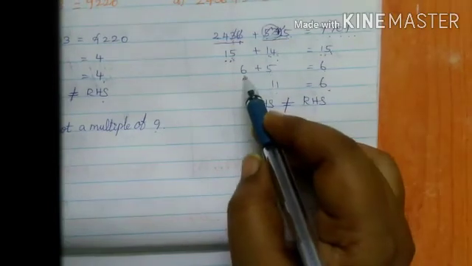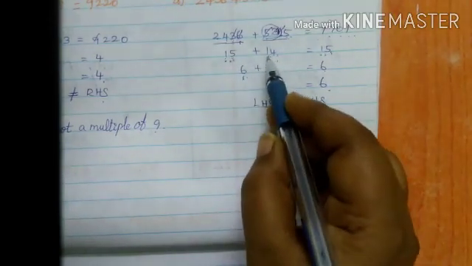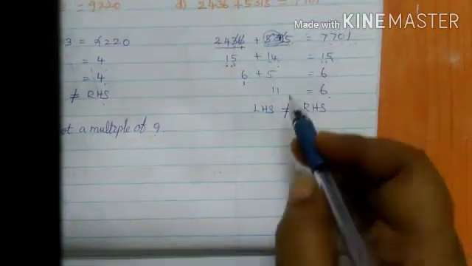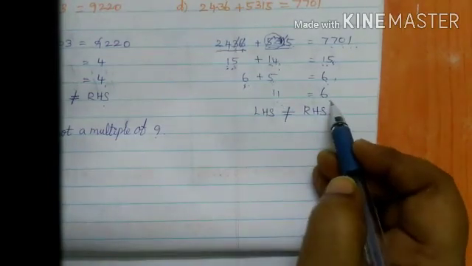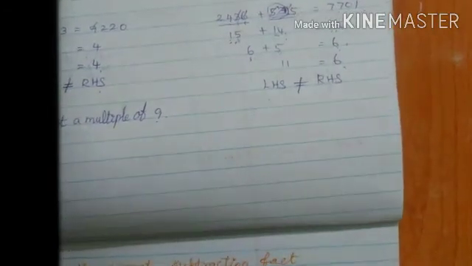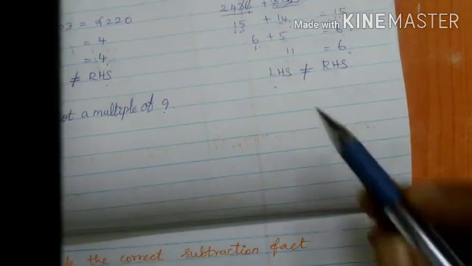15. So next you added now: 5 plus 1, 6. 1 plus 4, 5. 1 plus 5, 6. Then 6 plus 5, 11. Here 6. So this one is the opposite side. Left hand side and right hand side you check here. 11 and 6. So this is not equal.